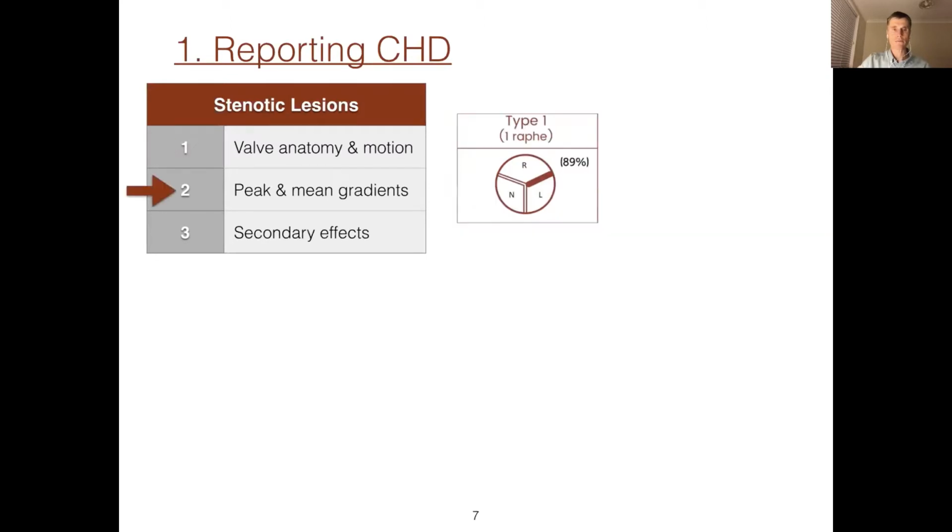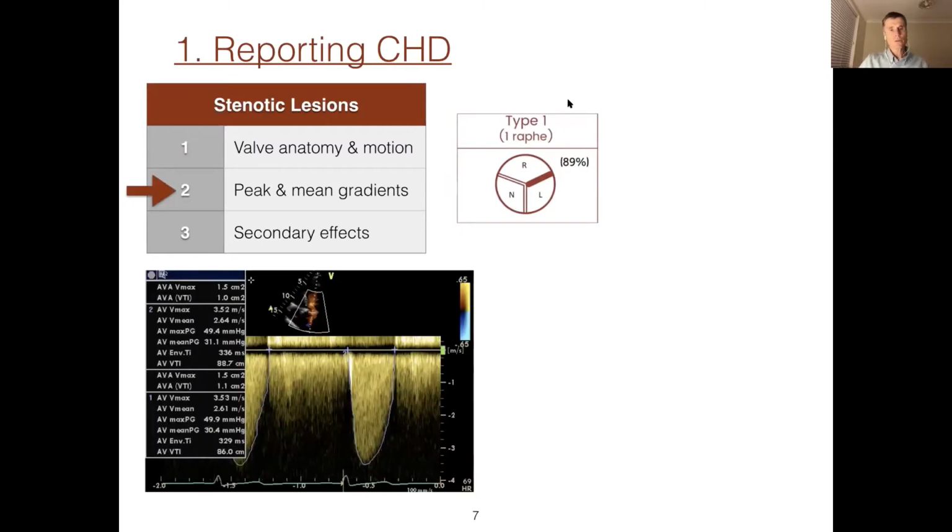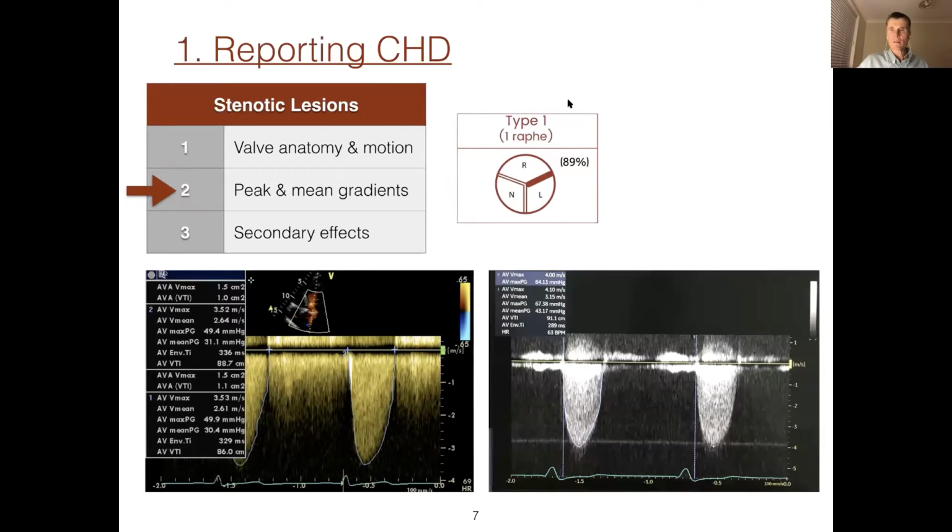And in terms of gradients, well, you want to provide information about the peak and the mean gradients, and so tracing the transaortic gradient measured with continuous wave is the best way to do that, because you get the peak and the mean.